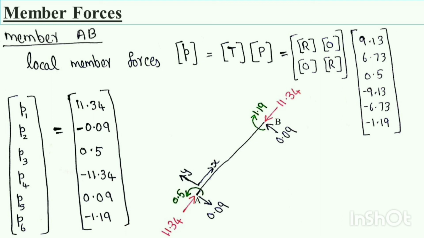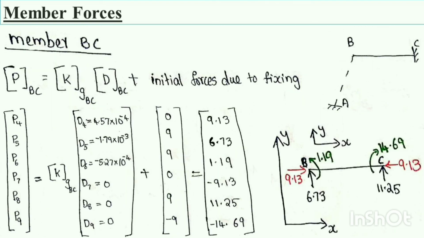Okay, local xyz. Next, for member BC, PBC equal to KGBC into capital DBC plus initial forces due to fixing.